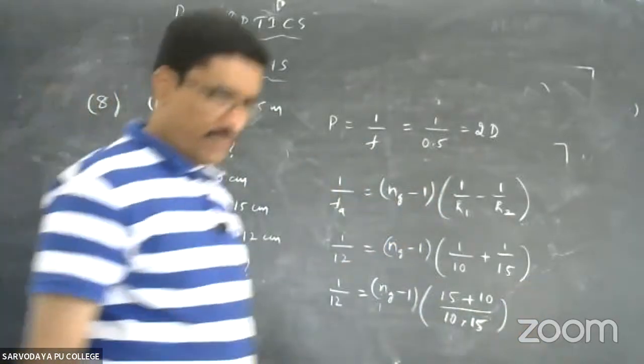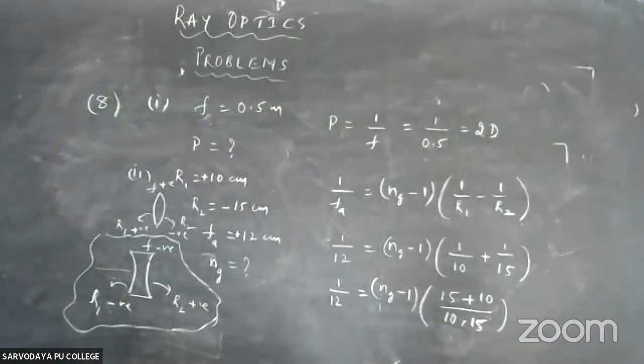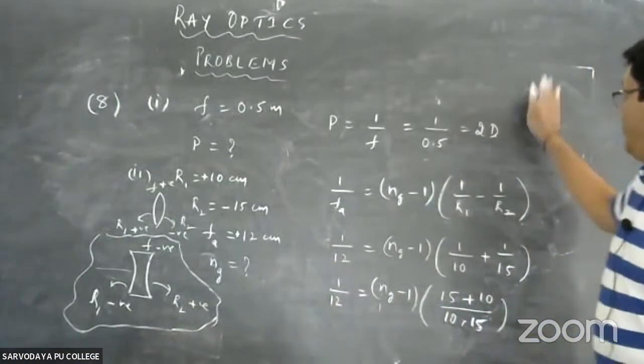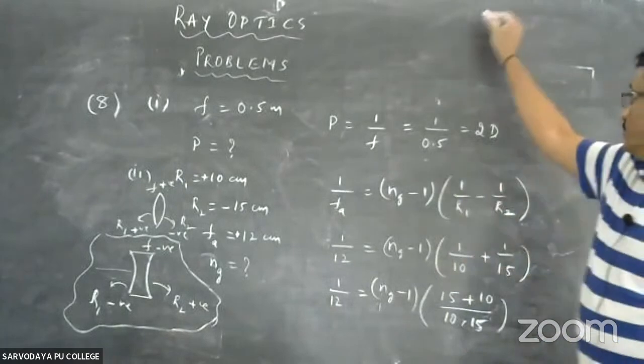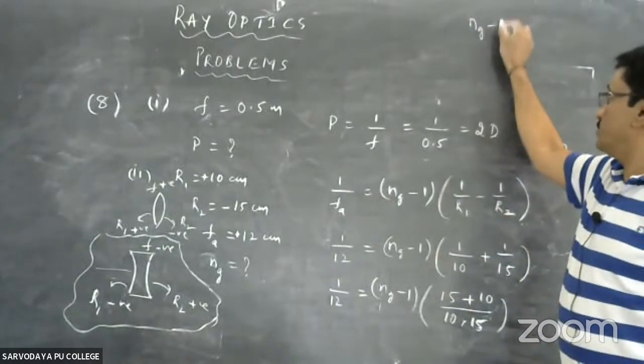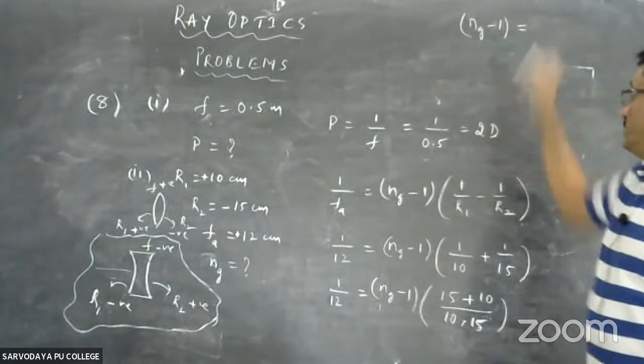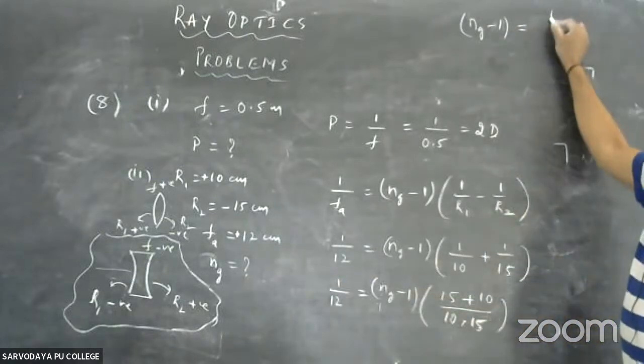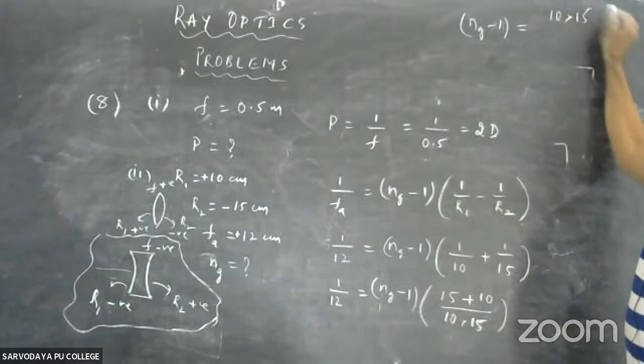Simplifying, ng minus 1 equals 10 into 15 over 12 times 25.